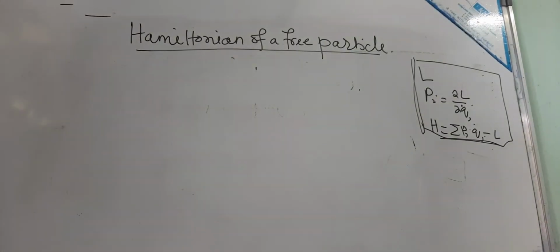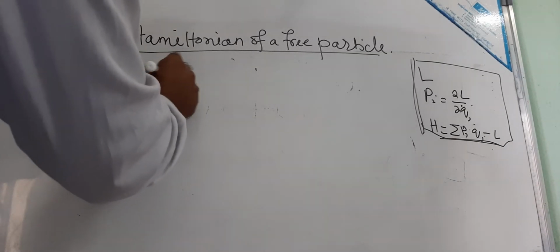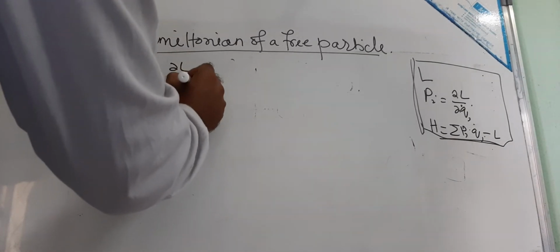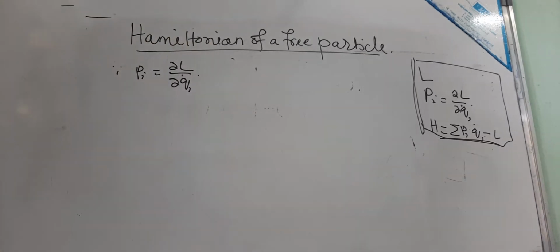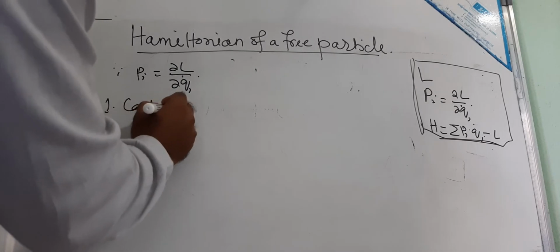So we find the corresponding momentum, since pi equals del L by del qi dot. First, in the Cartesian coordinates, Px equals del L by del x dot, which is m x dot.